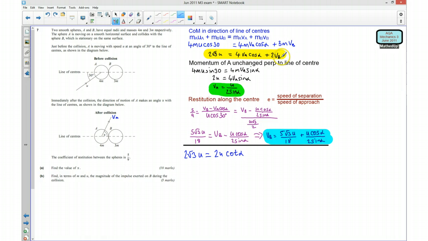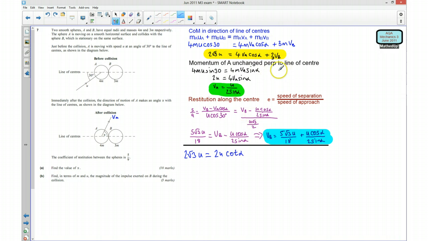plus, and we've got 2 times VB. And I'm pretty sure that's a 3, I beg your pardon. It must have got changed when I shrunk it.